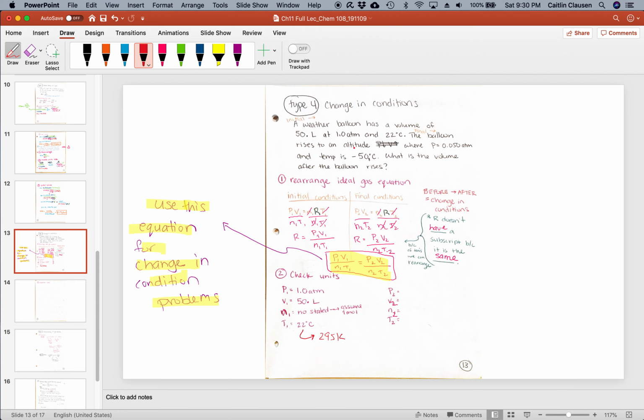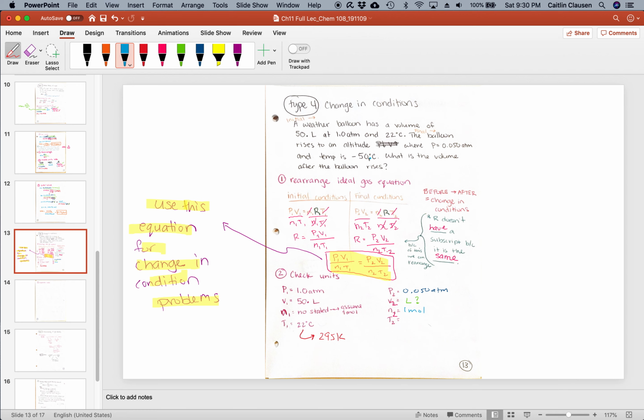Final conditions after the balloon rises, we've got a pressure of 0.050 atmosphere. The volume is the thing we're looking for, some number of liters. For the moles, there was no mention that the moles changed, so they should still be 1 mole based on our assumption.